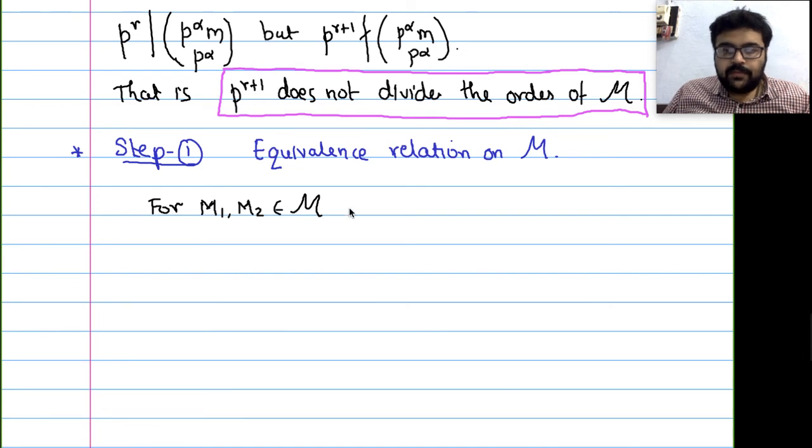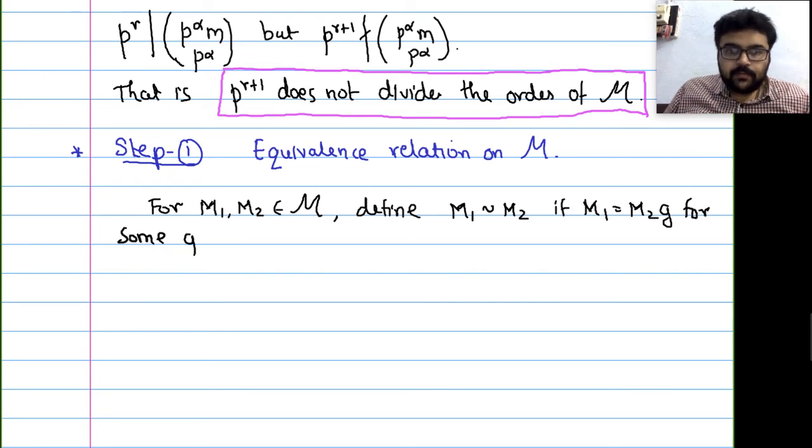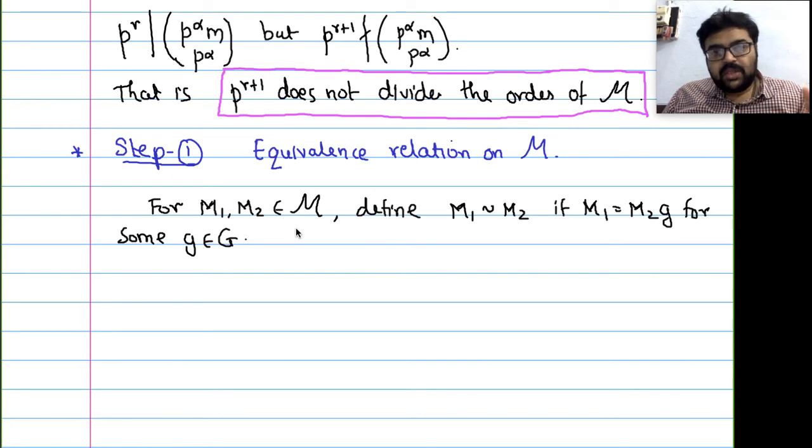We define M1 to be related to M2 if we can write M1 equals M2g for some g in G. The relation is on two subsets of G having exactly p power alpha elements, belonging to M.